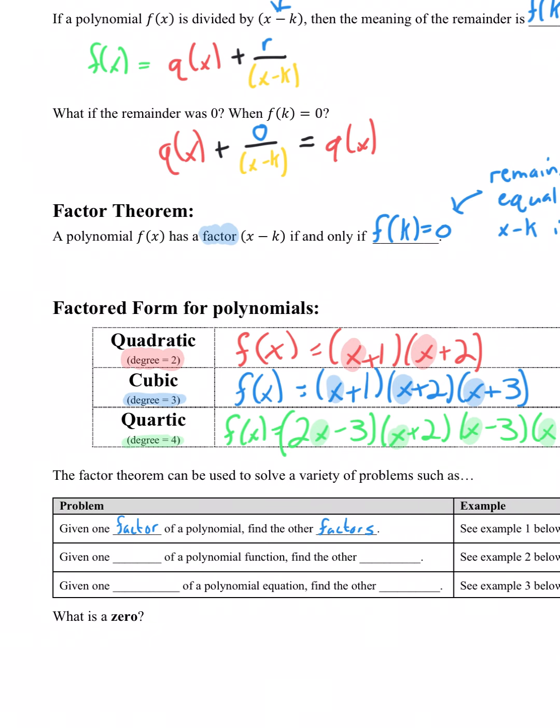So that's one way we could say, hey, we're looking for simplifying this expression. Another vocabulary phrase we're going to see, which we just saw in the warm-up and used on a worksheet a couple of classes ago, is: given one zero, find the other zeros.